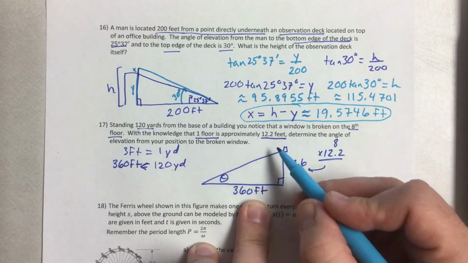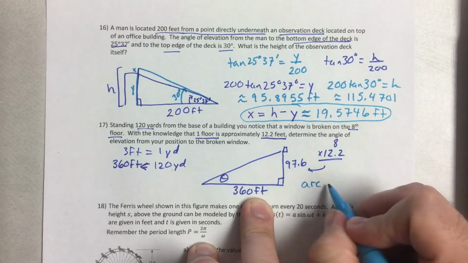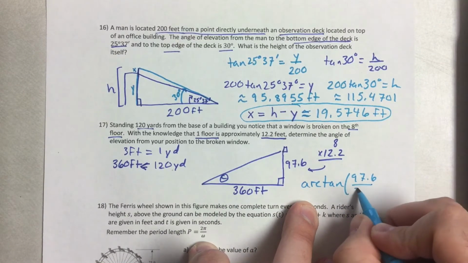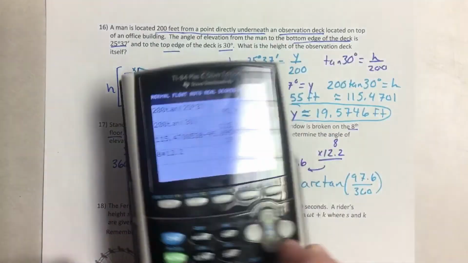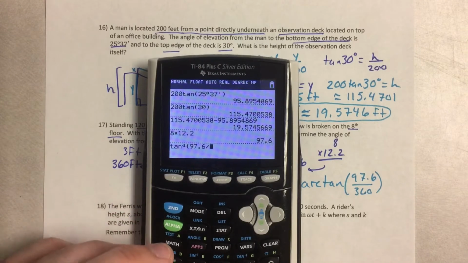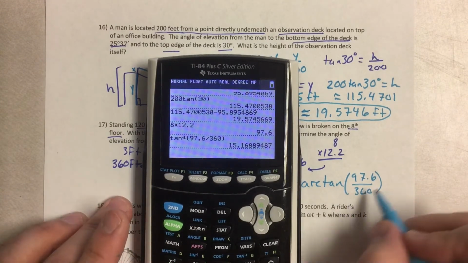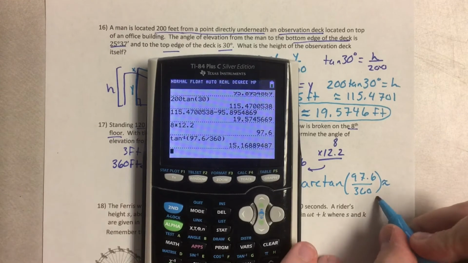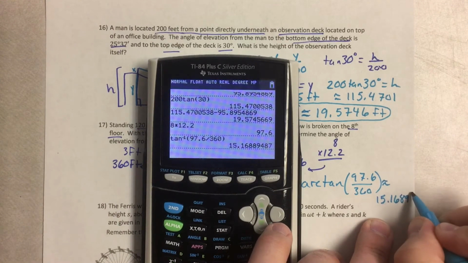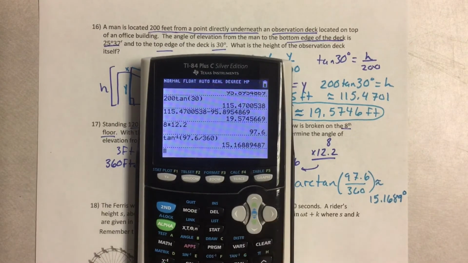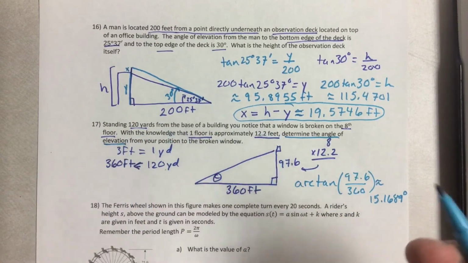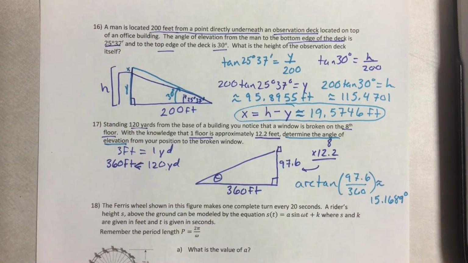So not having the hypotenuse, we're using inverse tangent, or arctangent, of opposite divided by adjacent, which gives us arctangent of 97.6 divided by 360, an angle measure of approximately 15.1689 degrees. So knowing we want to find an angle measure, the only way of doing that is using arctangent.